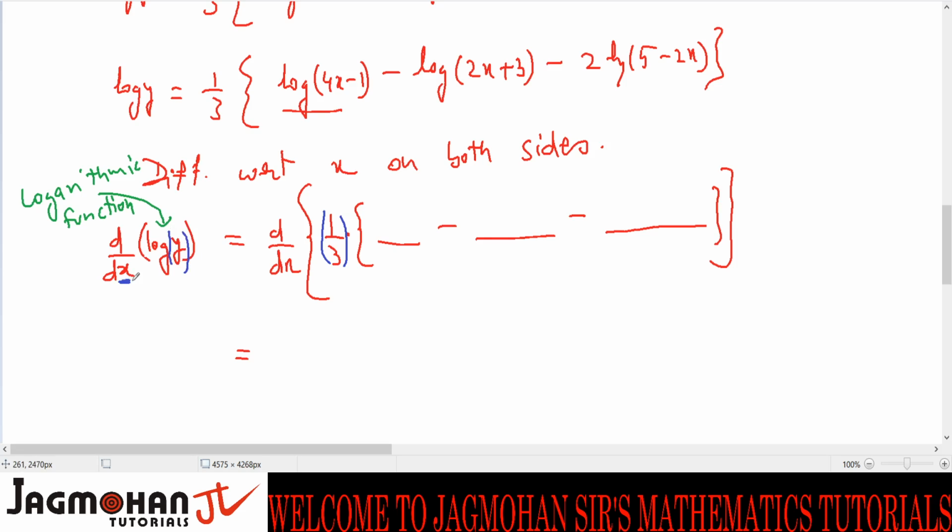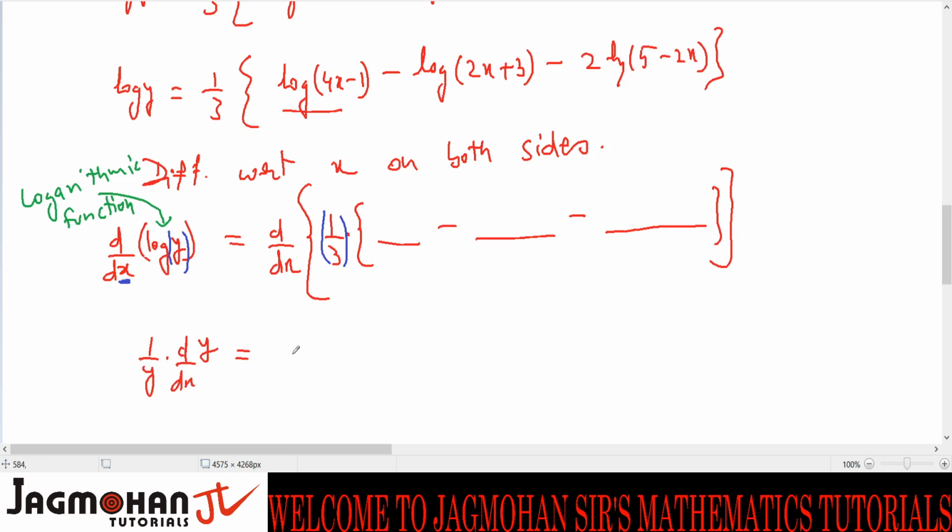It is not d by dx of log x, it is d by dx of log y. If it was d by dx of log x, you would have written 1 upon x. But here it is not x, it is y. So 1 upon y into d by dx of y.